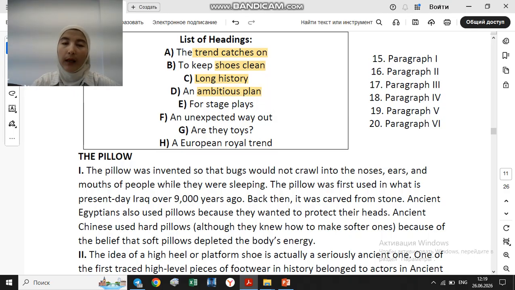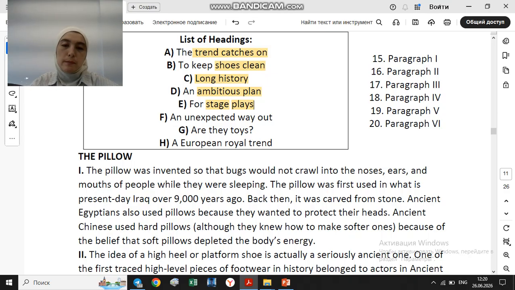So we don't need words like an, the, to, or other auxiliary verbs as keywords. For stage plays. Stage means the place where performances are done, and play is a stage work written by playwrights like Shakespeare.